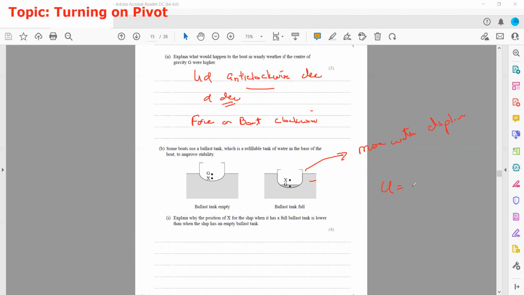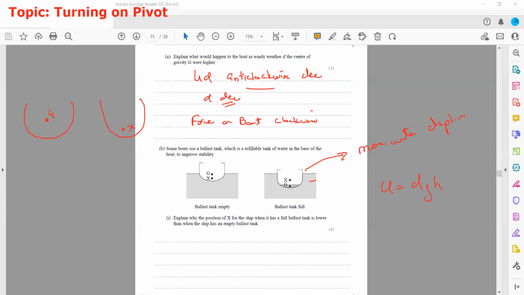So upthrust is equal to density, gravity, and depth. G represents the center of gravity of the boat, and X represents the center of gravity of the displaced water. So what will happen?